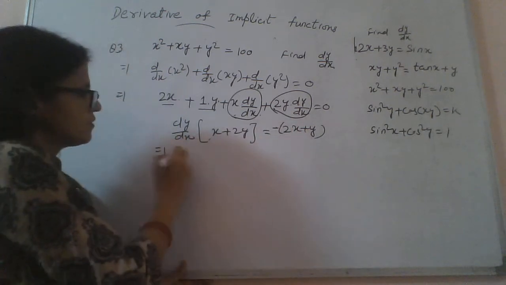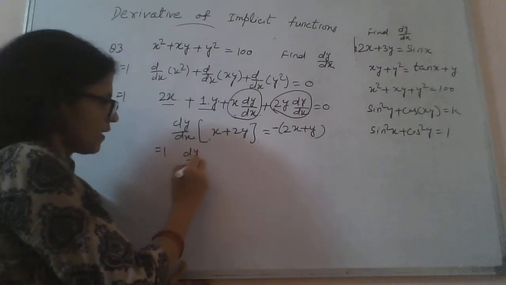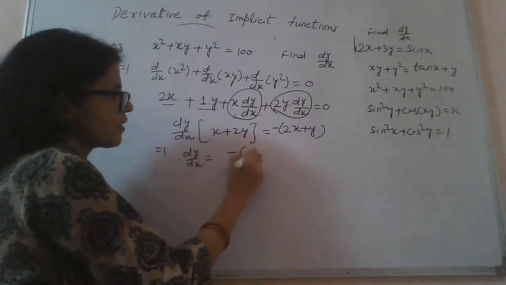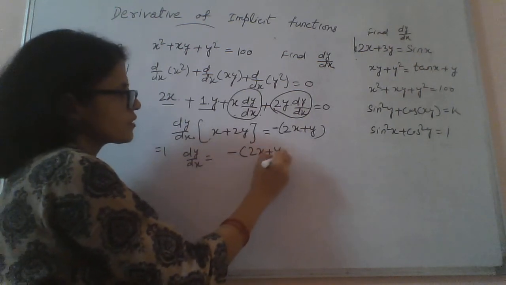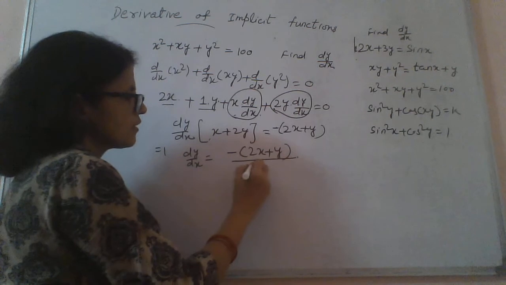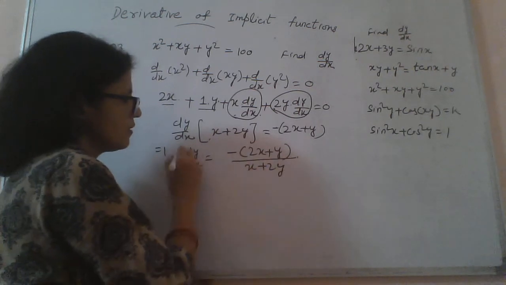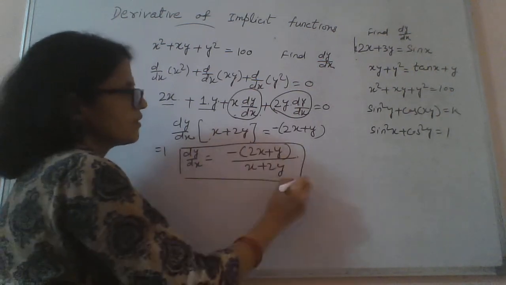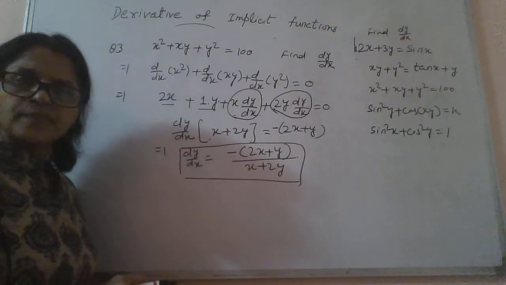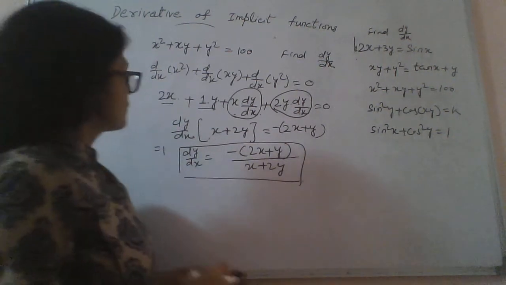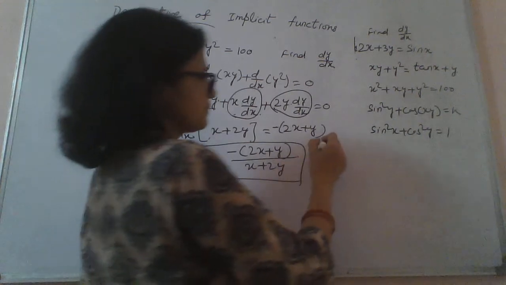So you are getting dy by dx as minus of 2x plus y divided by x plus 2y. Okay, so this is your dy by dx. Okay, so next question we can take.